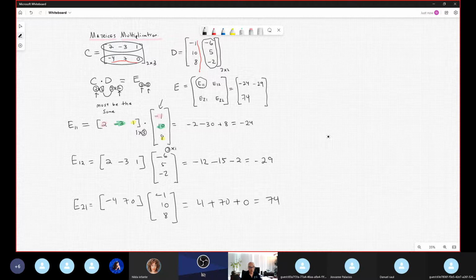Now, suppose the last one is E22. This example is easy because there are only 4 elements. Suppose it's 20, that is crazy. So now you multiply one more time the row 2, -4, 7 and 0, by the column 2, -6, 5 and -2.